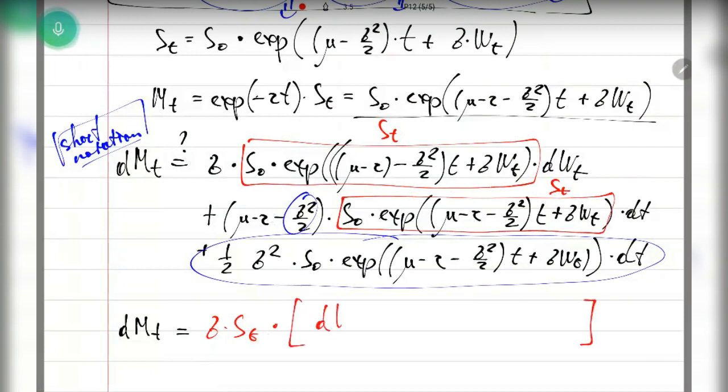We will get dWt plus (mu minus r) over sigma times dt.